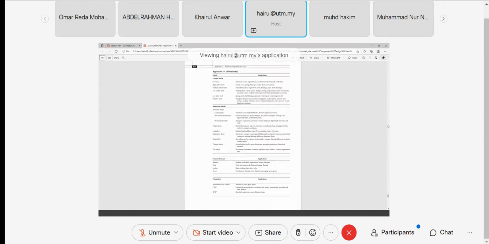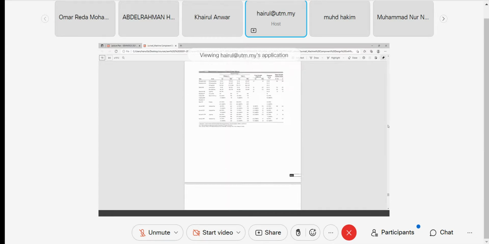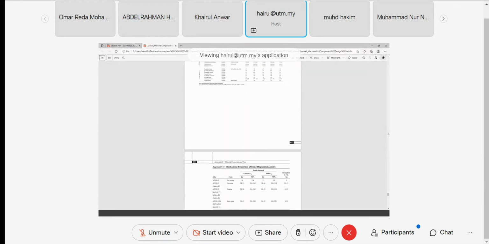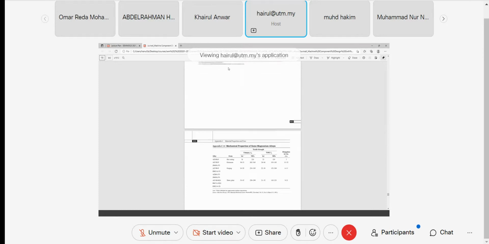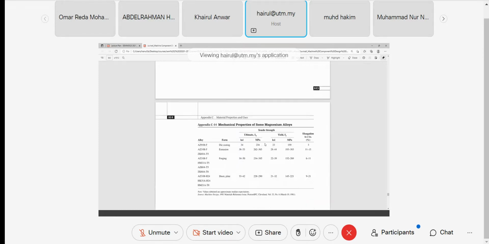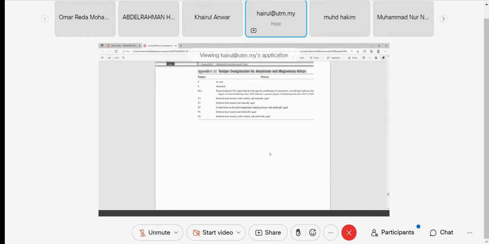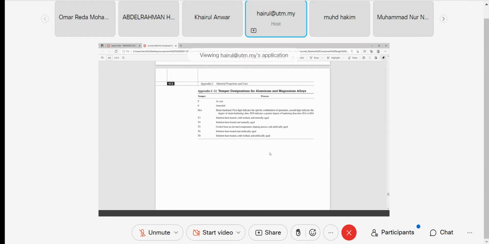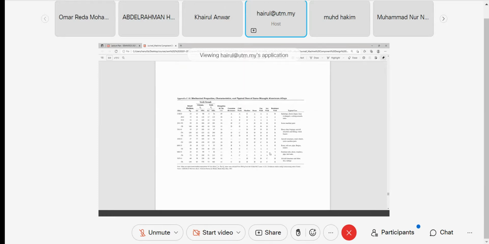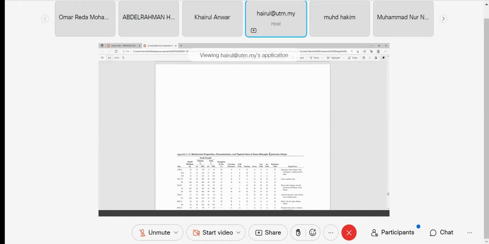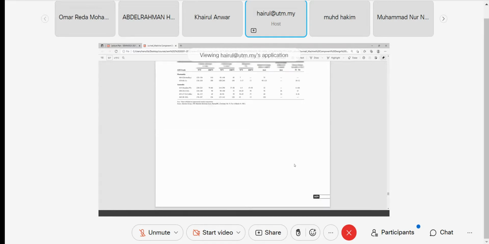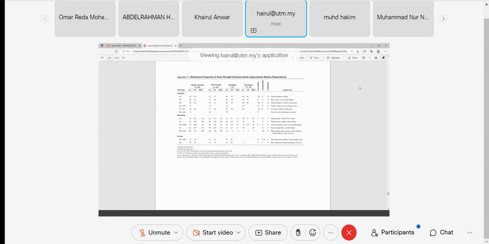What is the SY? What is the SU? All these table properties, mechanical properties. Because for example, when you design a shaft, whatever material of shaft you use, you need to refer to its yield strength, maybe its ultimate strength, SU. This one I will explain. Tensile strength, SU, or maybe yield strength, depending on the material that you select.